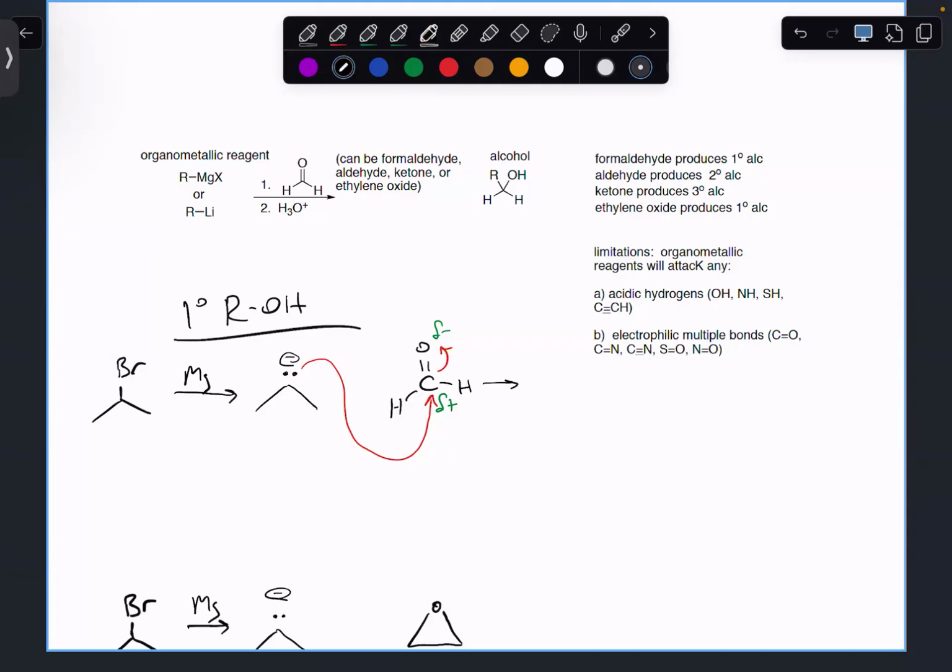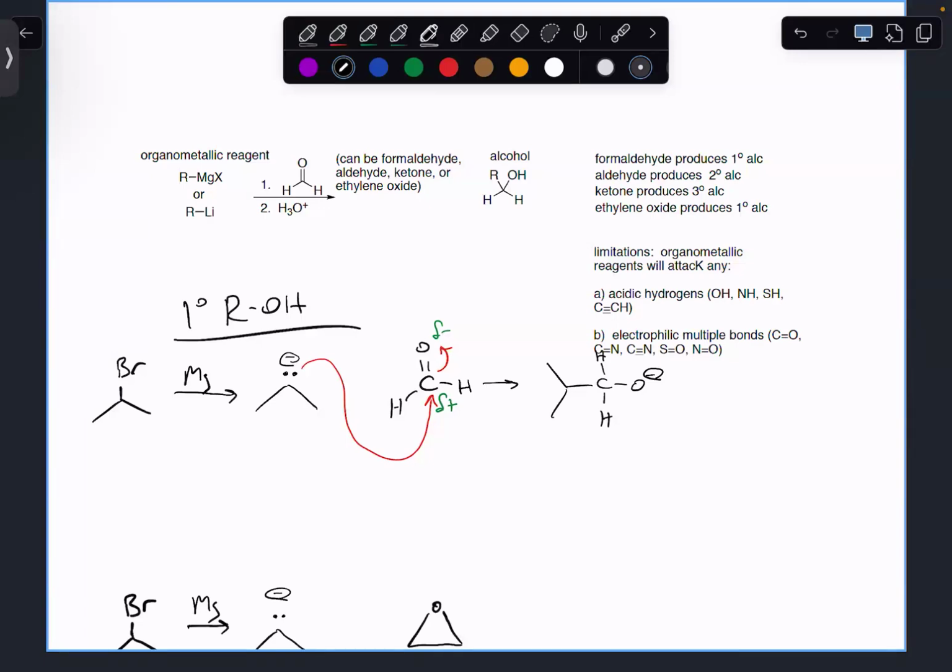That's going to result in a species that looks like this. Mechanistically, this is very similar to the reaction we just saw, the acetylide ion coming in to attack carbon.